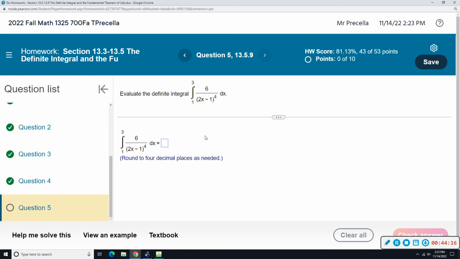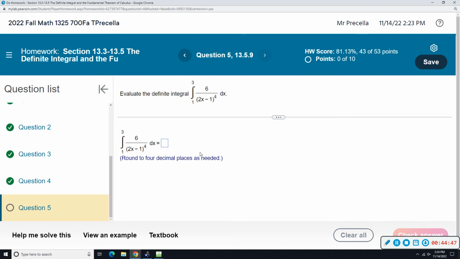It's another definite integral from 1 to 3 of 6 over 2x minus 1 to the 4th power dx. Let me make sure I didn't miscopy it. Yeah, that looks right. Oh, and notice they want it to 4 decimal places. Let me write that down right now.